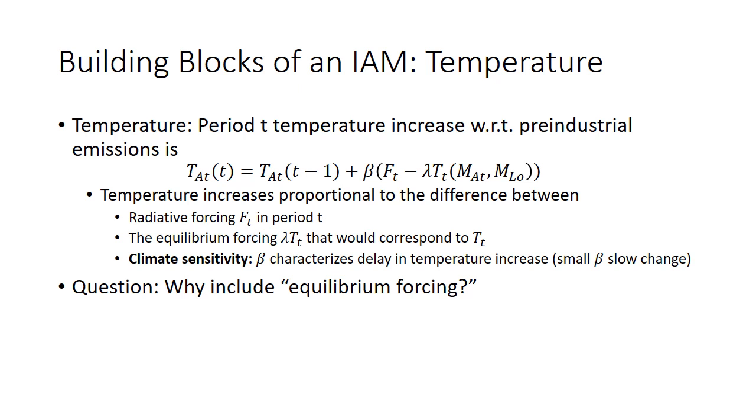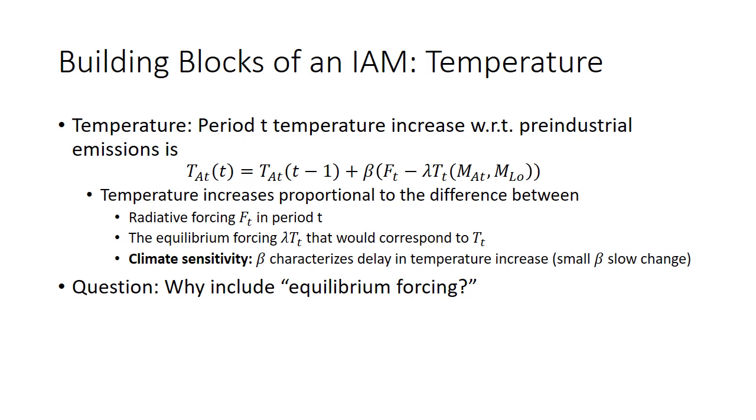So temperature in the atmosphere, TAT, at time T, is equal to temperature in the atmosphere in T-1, the previous period, and this is done in years, so that would be last year, plus beta, which is the climate sensitivity parameter. If you're in the climate sensitivity group, then you will be dealing with this parameter here. Climate sensitivity is multiplying the forcing factor, radiative forcing, minus the equilibrium forcing.